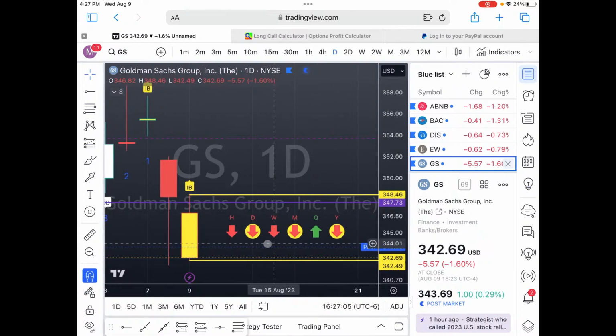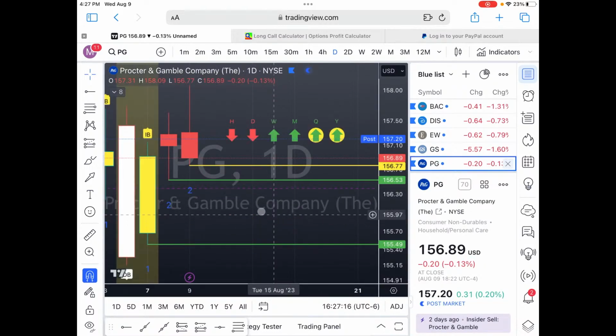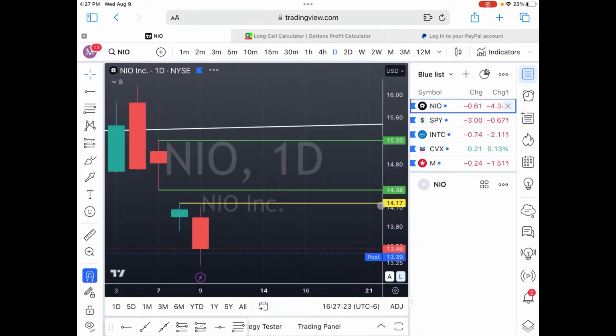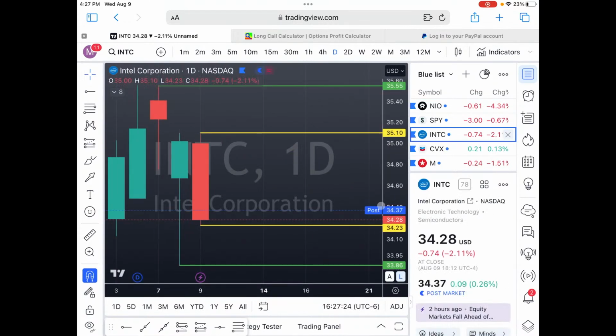Goldman Sachs, same thing. Time frame continuity outside of the 3-month chart. So we can look for calls at 348.46 or puts at 342.49. Procter Gamble, 2 up, finish red. Shooter candle, puts at 156.77. Guys, it was a very short list today.